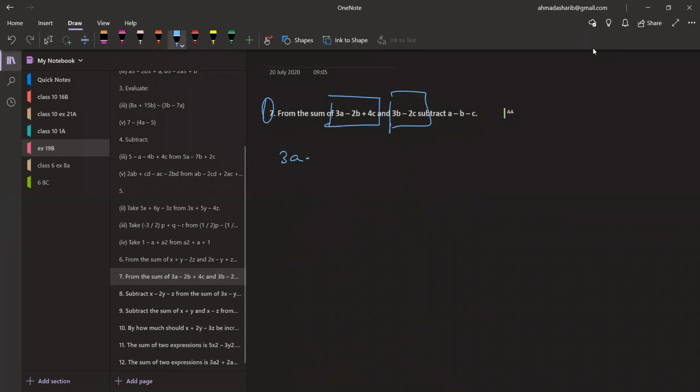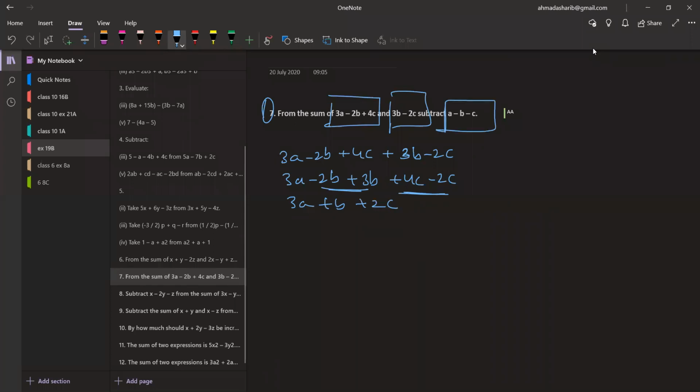So find the sum of 3a minus 2b plus 4c plus 3b minus 2c. So 3a minus 2b plus 3b plus 4c minus 2c. So 3a and this plus b and plus 4 minus 2 is 2, 2c. Now you have to subtract this from this.